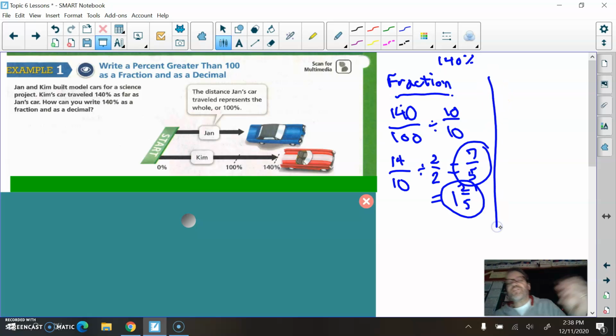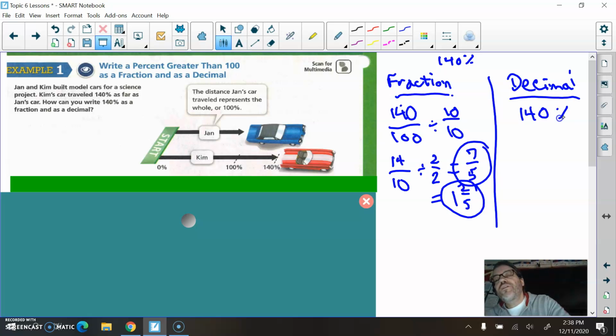Now, that's the tricky part, actually, writing it as a fraction. Writing it in decimal form is the easy part. And let me explain. Again, to change a percent into a decimal, just move the decimal point left 2 spaces. I have 140%. I don't see a decimal point, so where must it be? If it isn't shown, it must be at the end of the number.